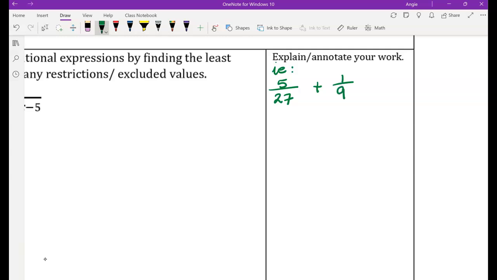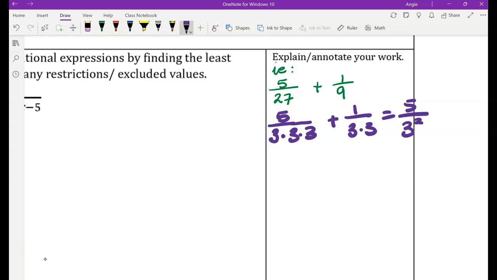When we are adding or subtracting fractions, we have to find the lowest common denominator. The 27 can be factored down to 3 times 3 times 3. Now, 1 over 9 can be factored down as 3 times 3, the same thing as 3 squared, and 27 is 3 to the third.